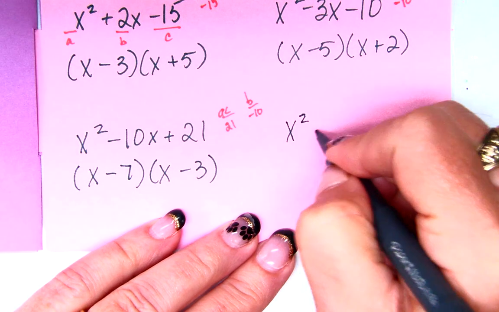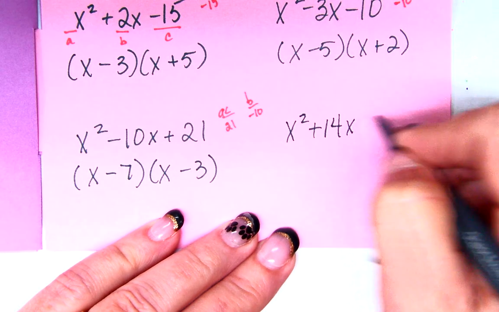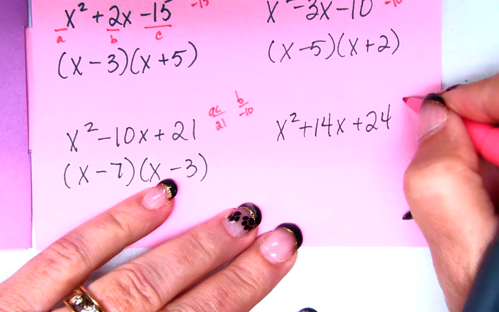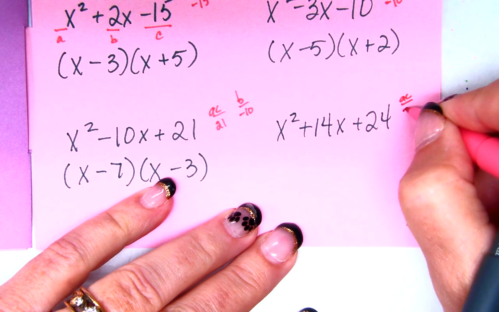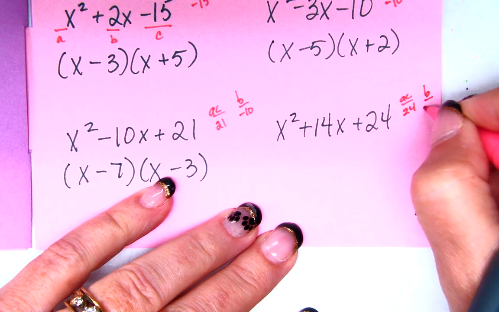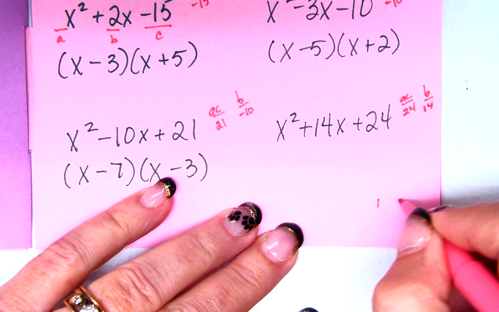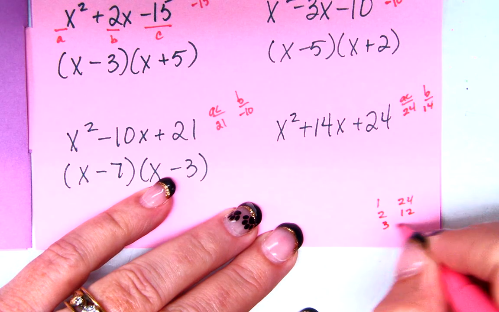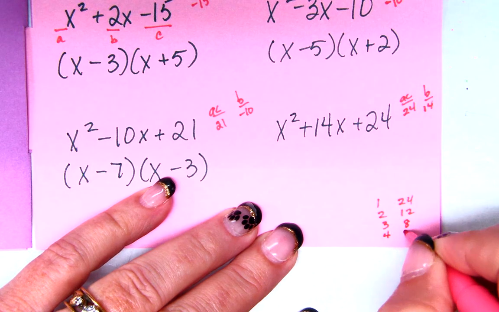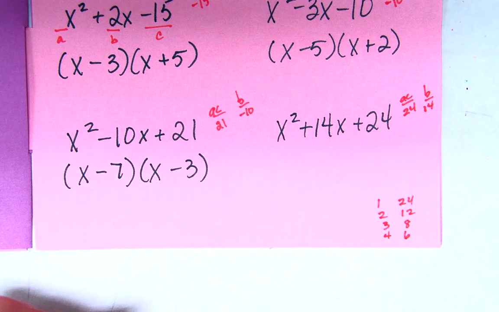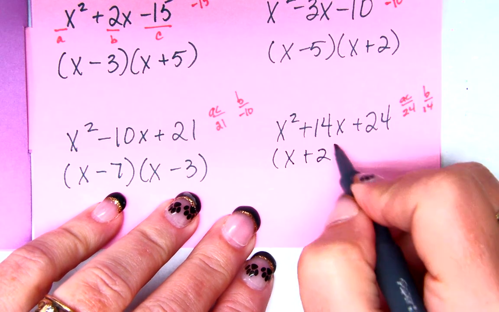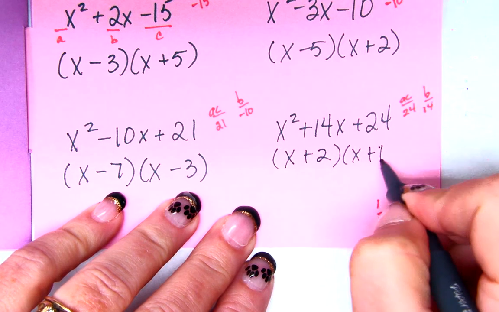X squared plus 14x plus 24. What's ac? 24. What's b? Okay, 1 and 24, 2 and 12, 3 and 8, 4 and 6. Good. 2 and 12.